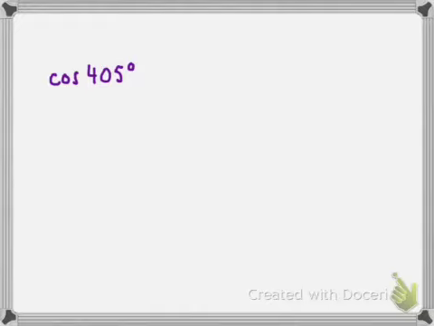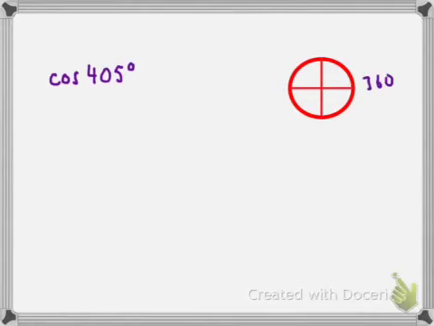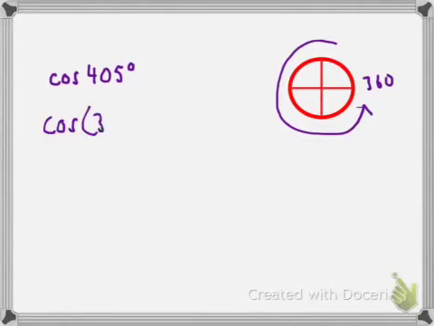Now, next one is cos 405. This is an interesting one because remember our circle here stops at 360. Well, it doesn't really stop. That's what I want to talk about here. If you get beyond 360, you start going around a second time. So effectively, cosine 405 is going round once and going round again another 45 degrees.